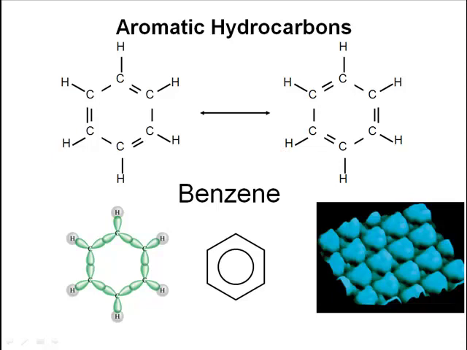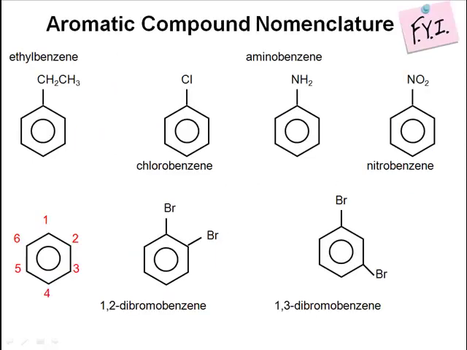It's also drawn like this to represent the 6 carbons, and the electrons are shared throughout the whole ring, not confined to a particular location. Some people would even say that these bonds are 1 1/2 instead of 1, 2, 1, 2, 1, 2, because you can't figure out which one. There's no difference between the bonding. So it's a completely shared ring structure.